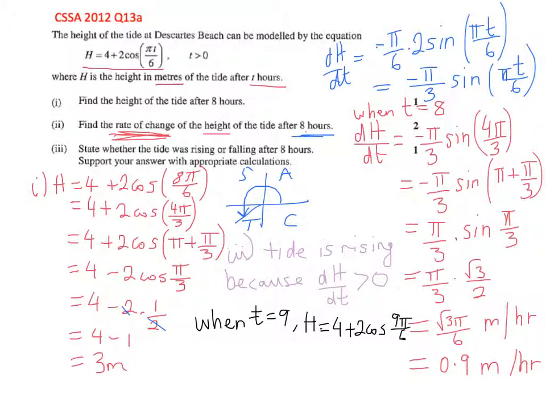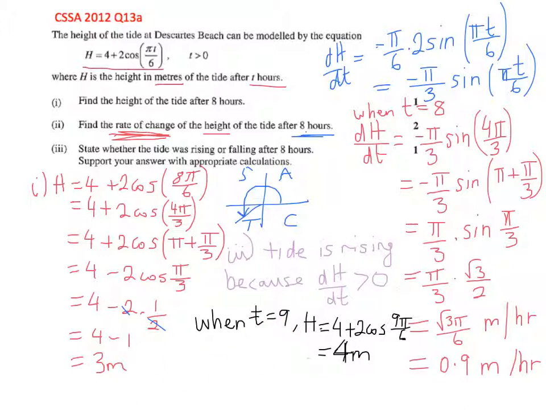And 9 pi on 6 will simplify to 3 pi on 2. And if you put that in your calculator all in one go, you get 4 metres. So when t equals 8, height's 3 metres, and when t equals 9, an hour later, the height's 4 metres.